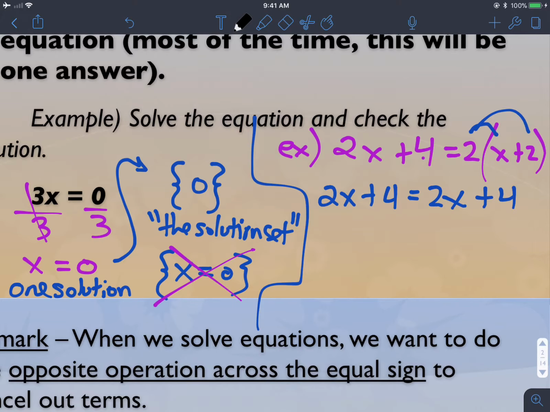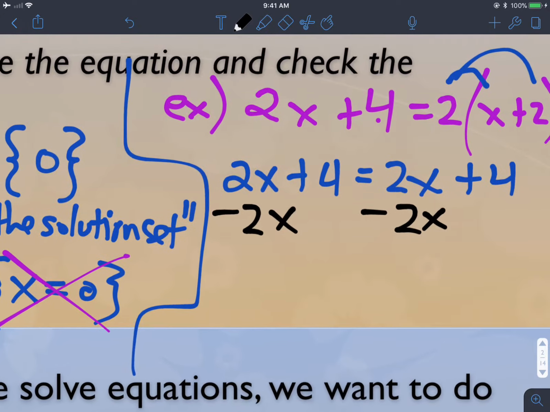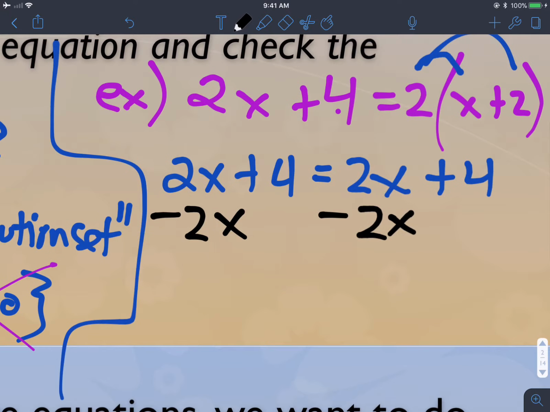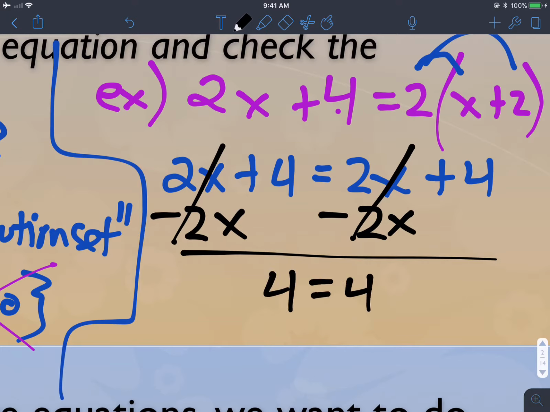And then I work on getting x by itself. You can see that something's up, because it's 2x plus 4 equals 2x plus 4. So if I subtract 2x from both sides, they cancel, and I'm left with 4 is equal to 4.